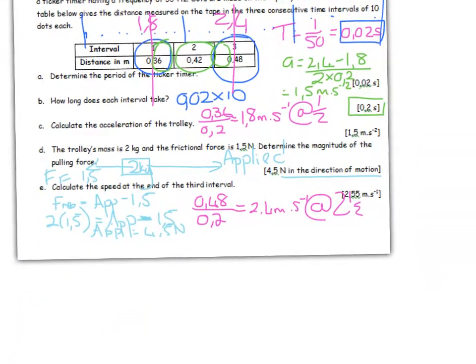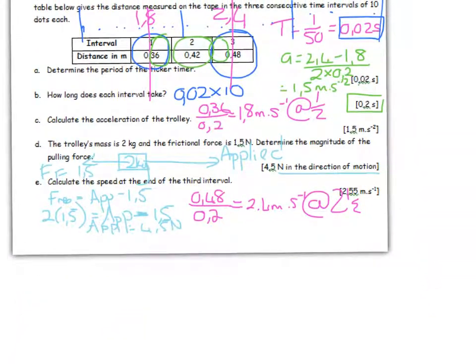And finally, calculate the speed at the end of the third interval. All right, that's a little bit more tricky perhaps. We're going to need equations of motion. So I am going to say I have an initial velocity, I have some time periods along there, I have an acceleration value. So I'm going to try v is equal to u plus at.